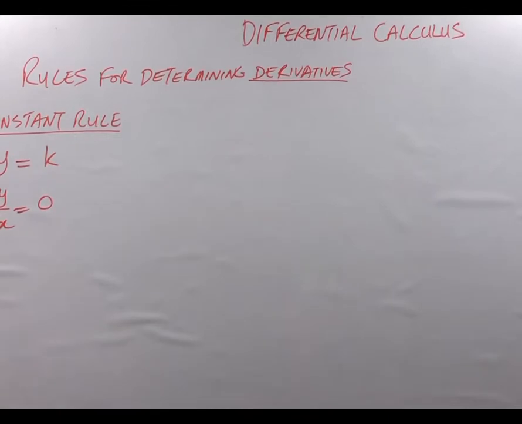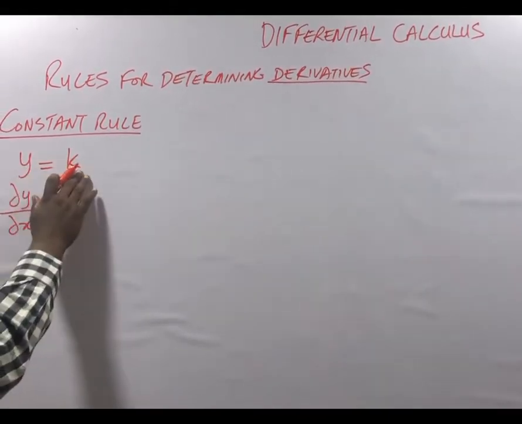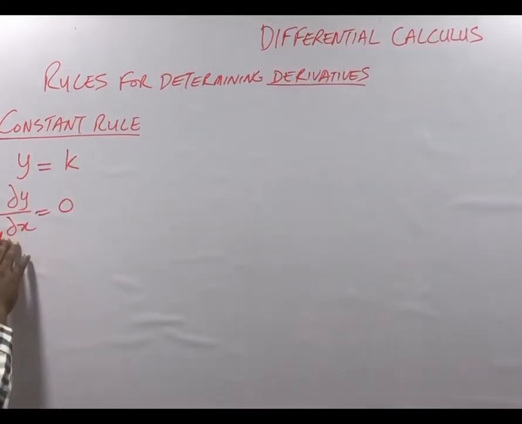This is the first rule: when you have a function that is equal to a constant k, the derivative will be 0.